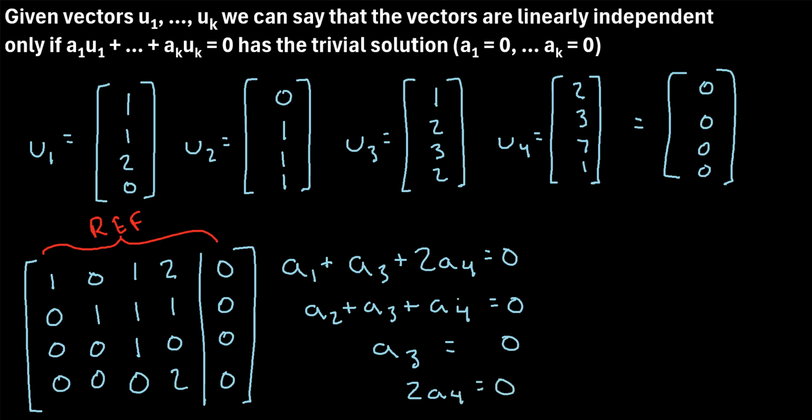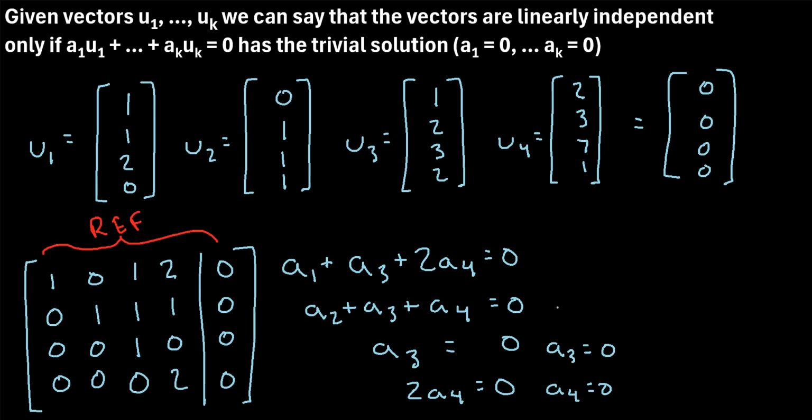So if we wanted to solve for a1 through a4, let's start from the bottom here. 2 times a4 is equal to 0. That means a4 has to be equal to 0, because 2 multiplied by some number, this number has to be 0 in order for this left-hand side to be 0. So a4 is 0. In row 3, we have a3 is equal to 0. Now, if a3 and a4 are equal to 0, what does a2 have to be for this equation to be true?